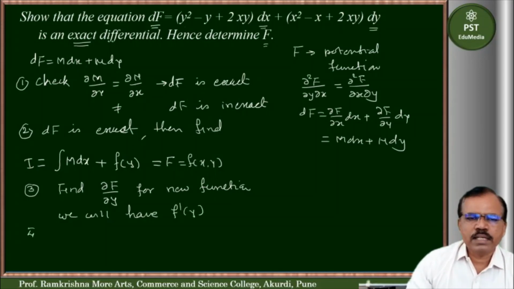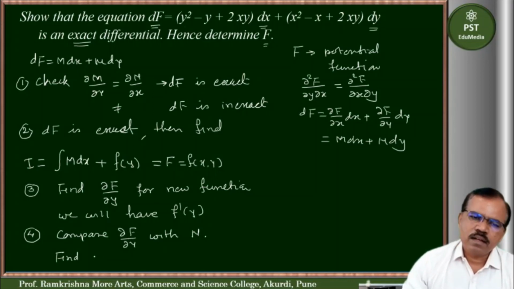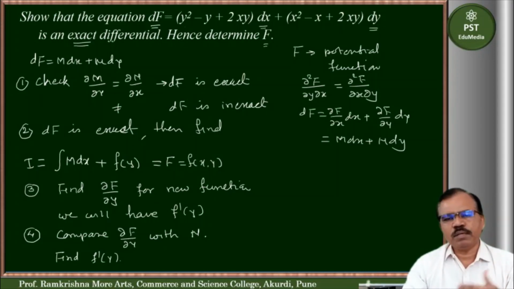Now what is the next step? Compare del f by del y with n, and from the comparison find f dash y. Now this f dash y may be 0, may be a constant, or maybe some function of y.